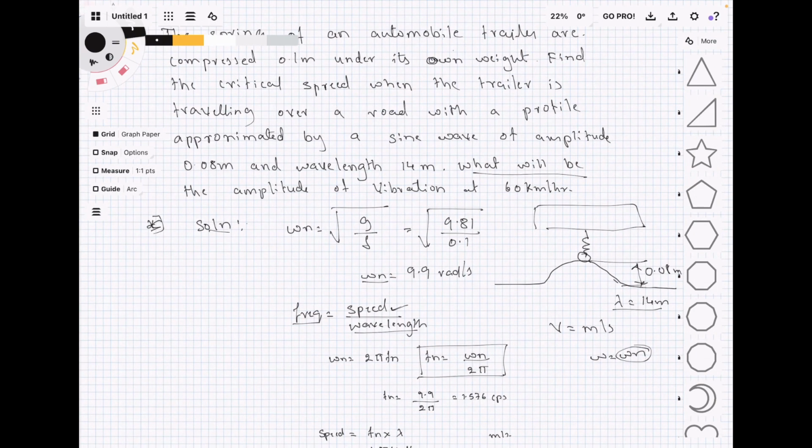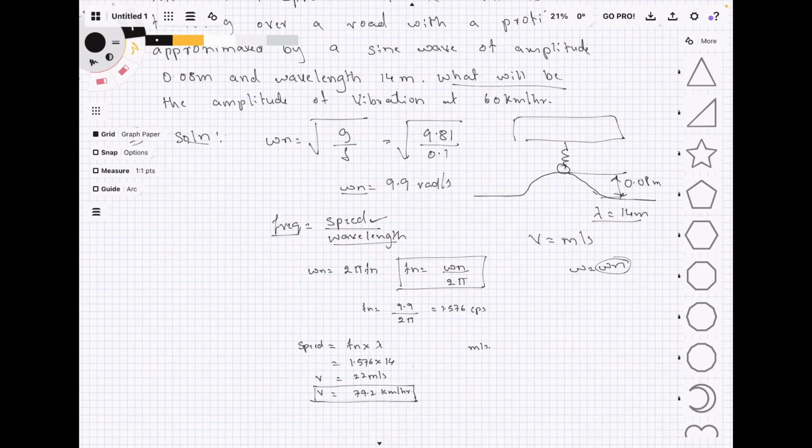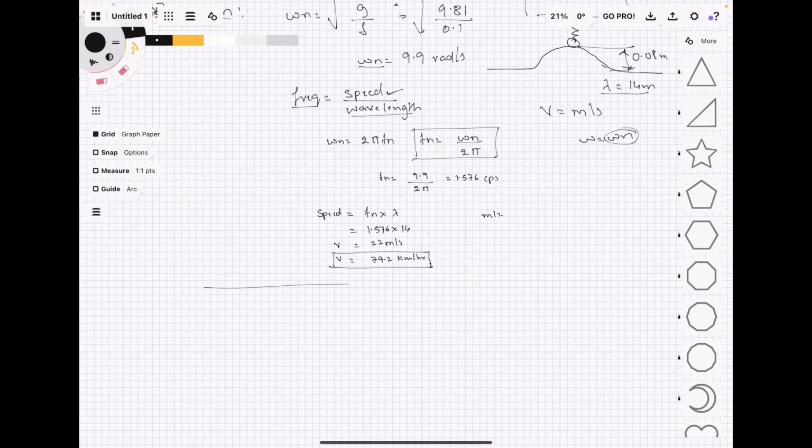They have given the sine wave amplitude, which means the base will be excited by 0.08 meter. So we have the basic formula A by B.